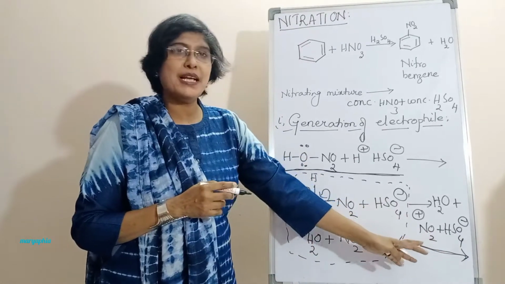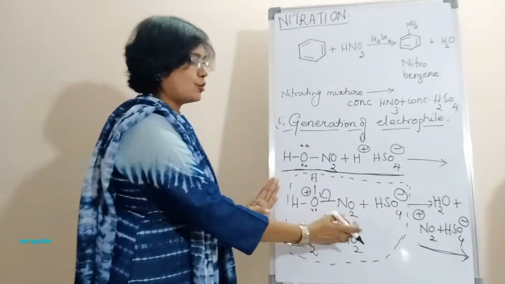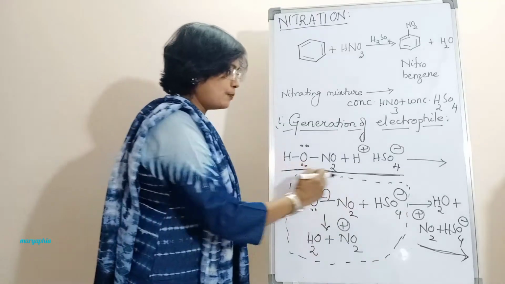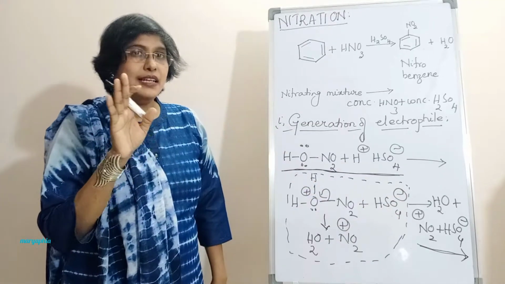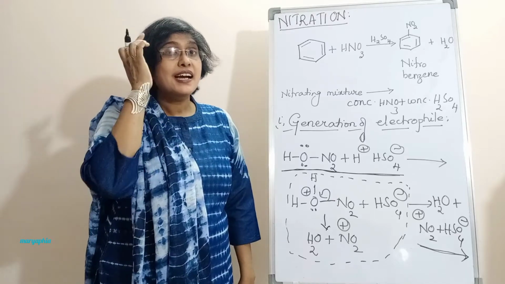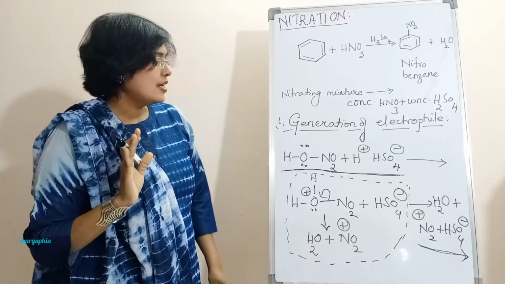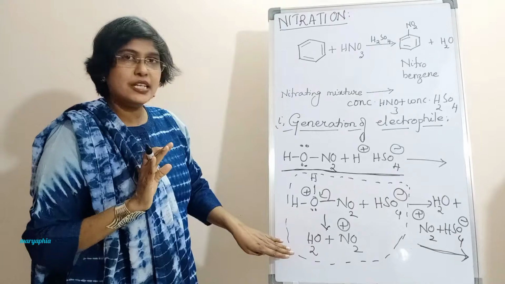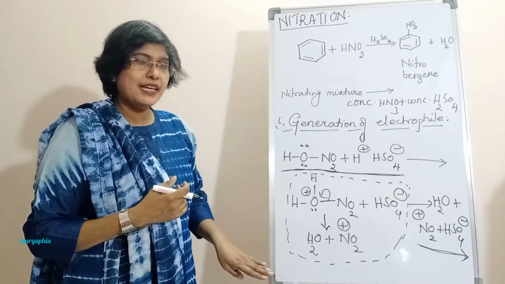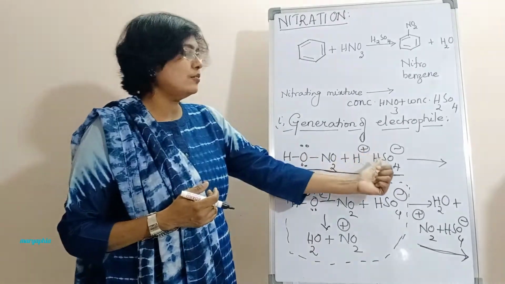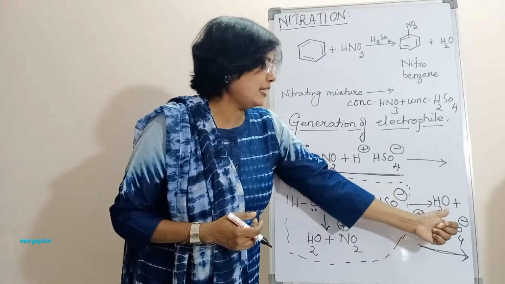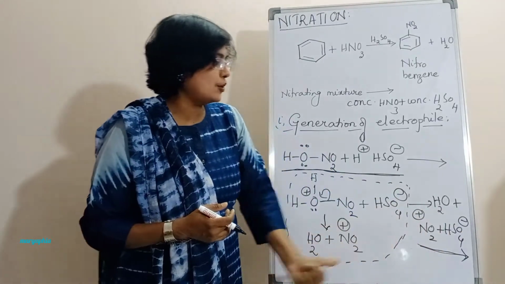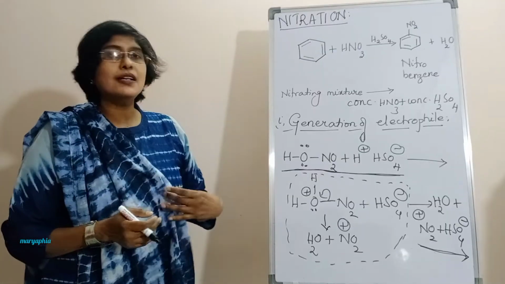How this NO2 plus is formed, I have shown here. This part is only for your understanding, so you need not write this portion in your notebooks. Just start with HNO3, H2SO4, and directly you can write H2O plus NO2 plus HSO4 minus.